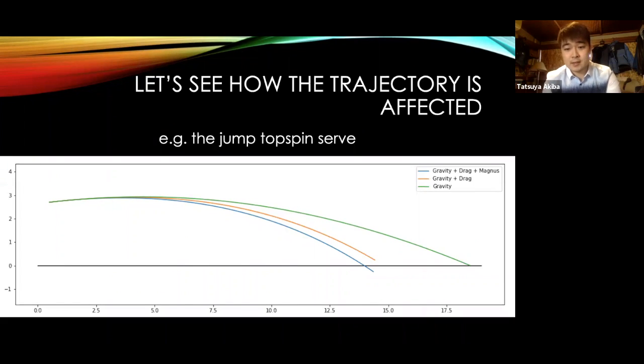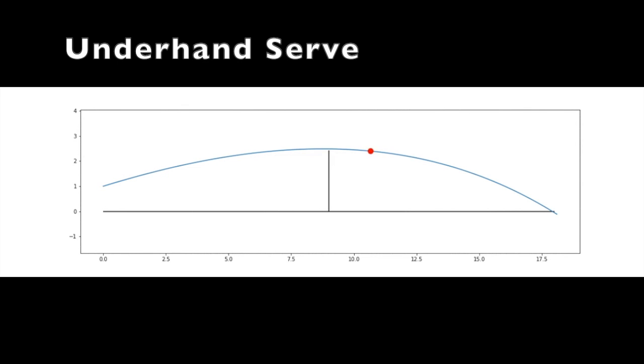Using each of the relevant forces in each of our serves, we've generated optimized trajectories, which we will now show. For the underhand serve, this animation shows the optimized trajectory, just going over the volleyball net and landing at the baseline.